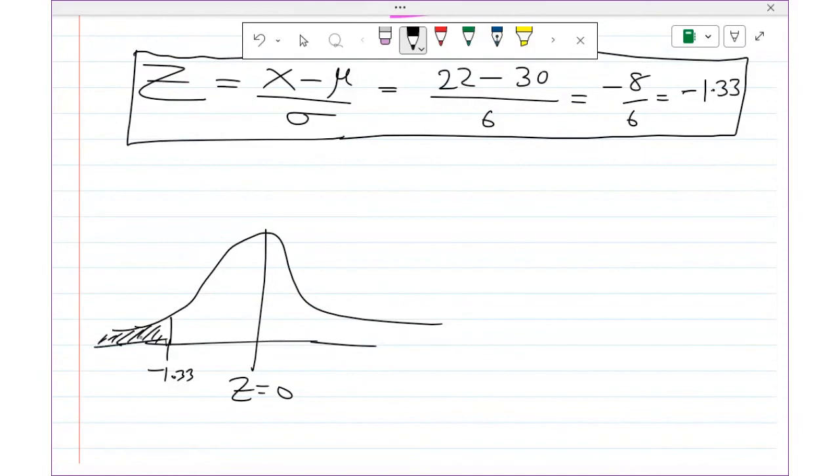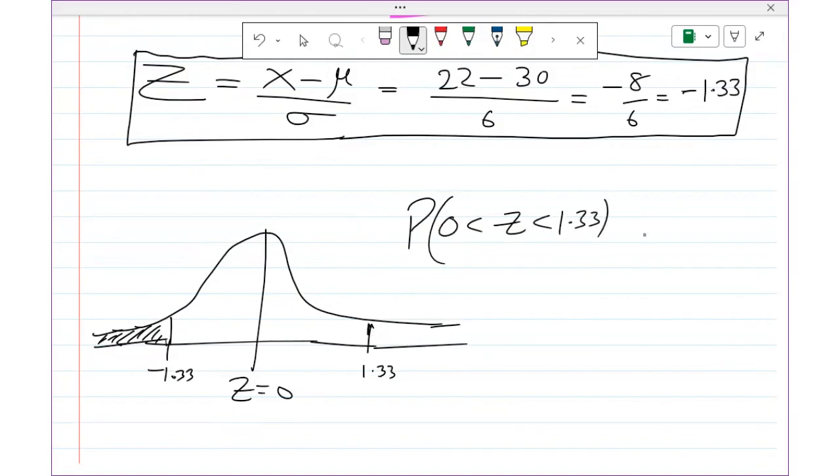Now many things are there, like they may give you the probability that z is between 0 and 1.33.